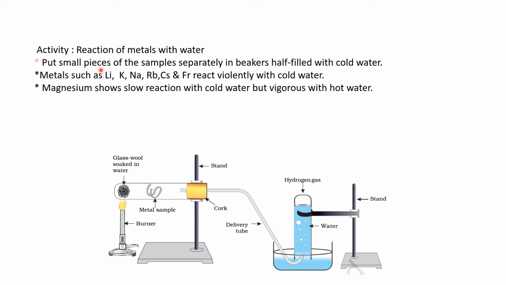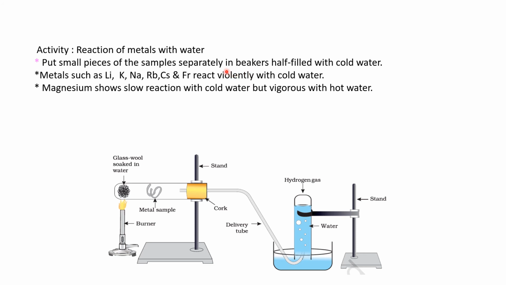So the activity is to take small pieces of samples, that is metals like sodium, magnesium, aluminium, in beakers that are half filled with cold water. So here when you study the reaction of metals with water, it can be cold water or hot water. First we'll study with cold water.